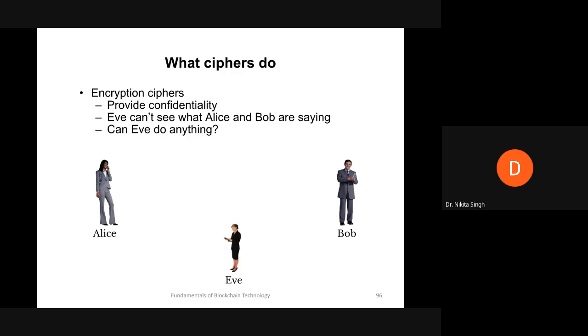So, ciphers help us in providing confidentiality. Now, suppose when we're talking about Alice sending a message to Bob, there is an intruder, and this intruder is Eve, who wants to listen to the message. She wants to know the message that Alice sent to Bob.